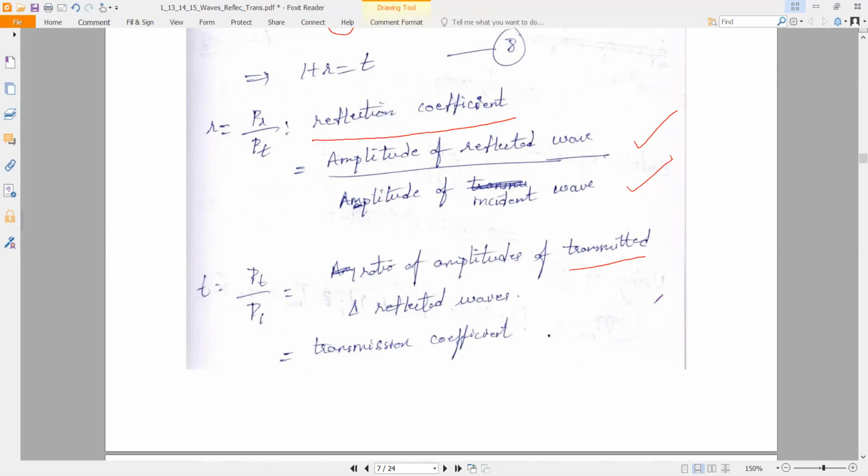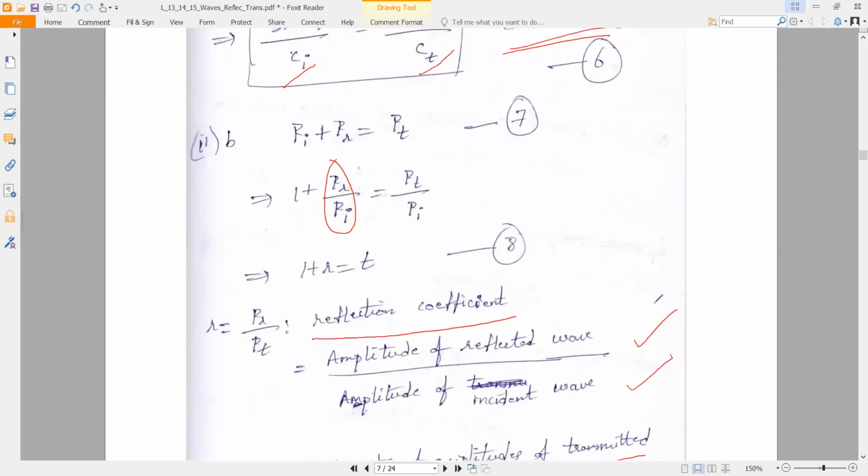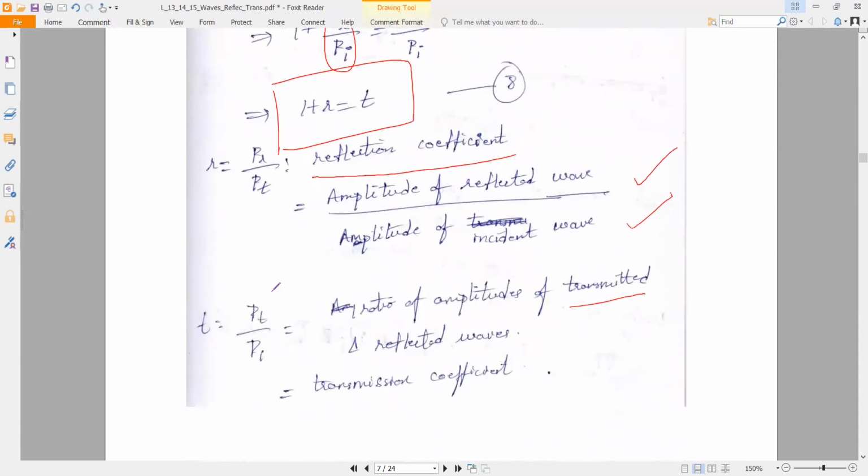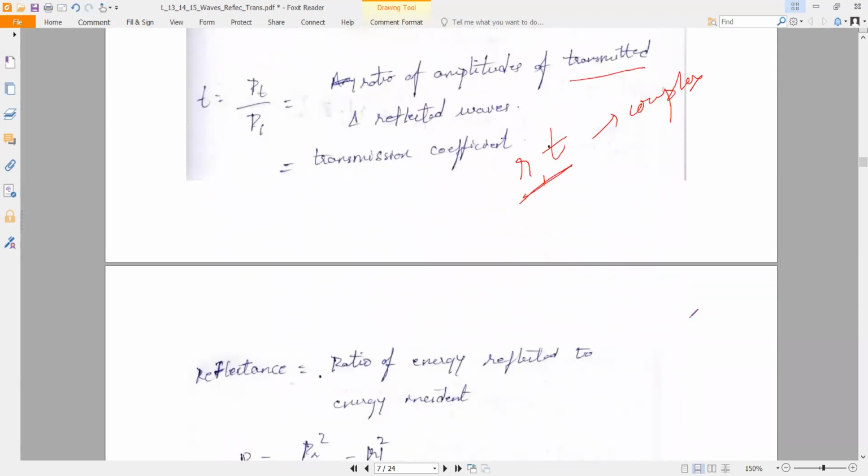So just by definition, we get this relation, 1 plus R is T. And remember this, reflection coefficient and transmission coefficient are complex numbers. I should have written it: R and T are complex numbers. Reflection coefficient and transmission coefficient can be complex.